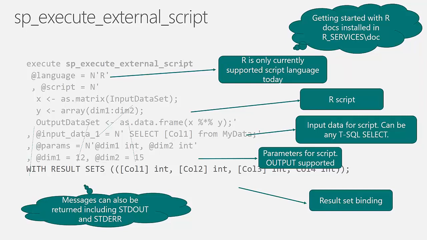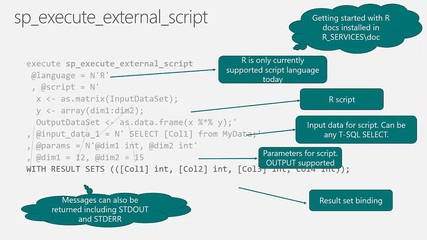Like, for example, one could be your transactions, say your credit card transactions or something. And then the other one could be some demographic information of the customer or something. So you may not really want to join this because it will actually explode the data set, right? So typically the R script would consume it as two different result sets and then do something with it, right? But currently in our integration, we support only one result set which can be pushed from SQL Server.